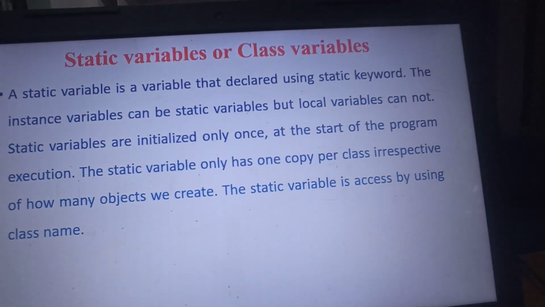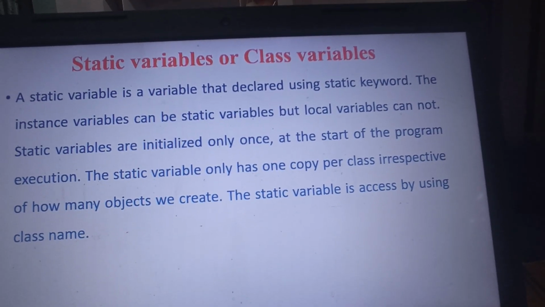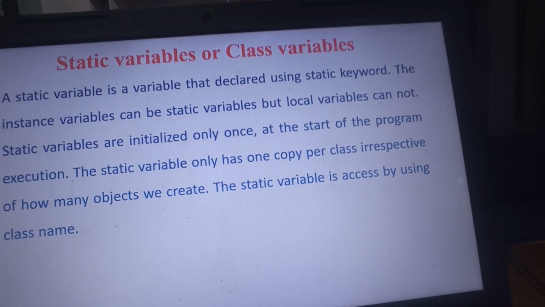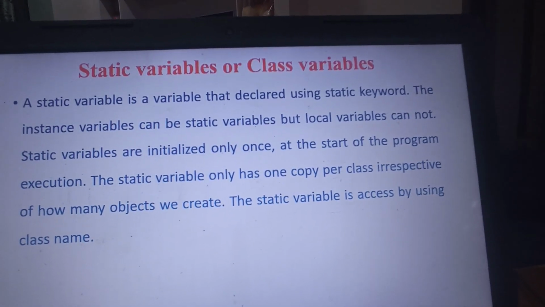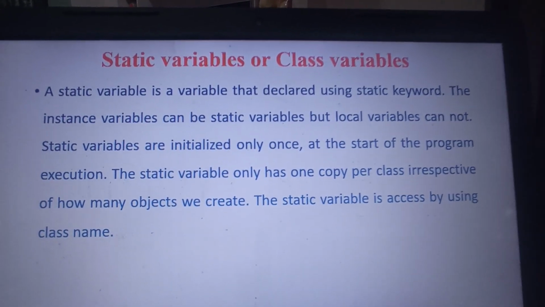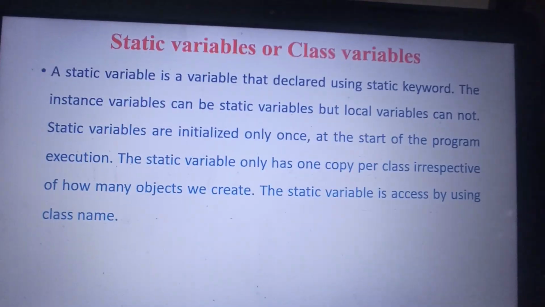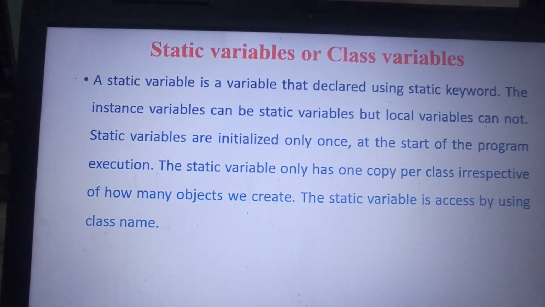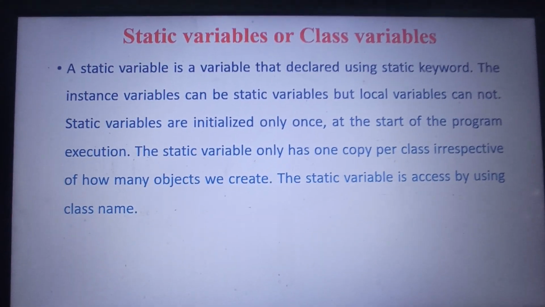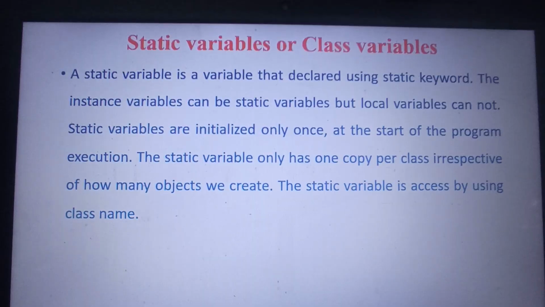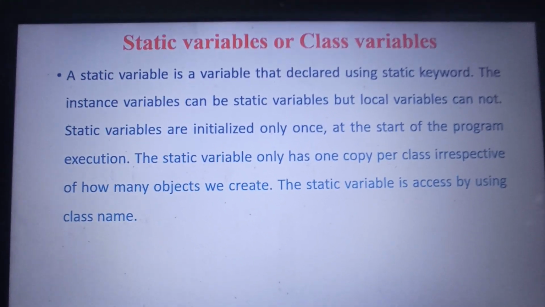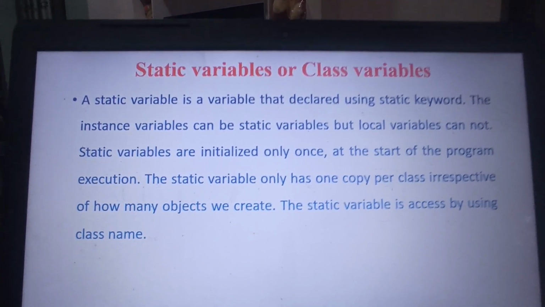So the instance variables can be static variables but not local. Static variables are initialized only once, at the start of the program when it is executed, and a static variable has only one copy for the entire class, irrespective of how many objects you created. Means you have one class, so one copy is created.